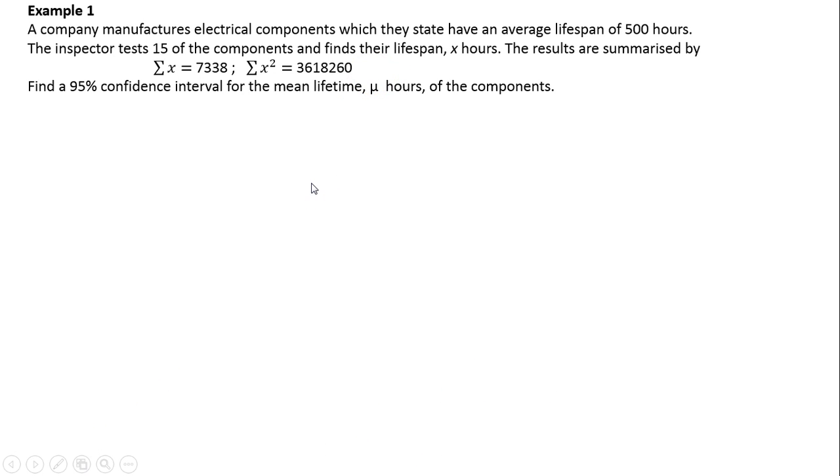Find a 95% confidence interval for the mean lifetime mu hours of the components. So looking at the data we are given, n is 15, which is small. The sample mean is the sum of the lifetimes divided by 15, which gives us 489.2.